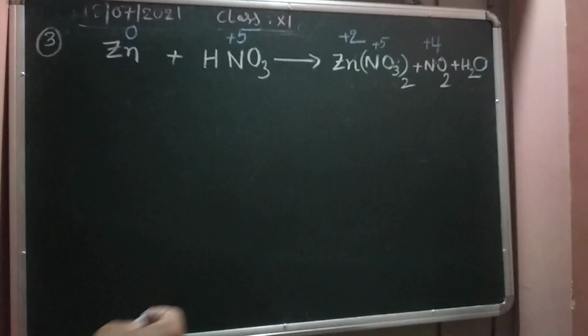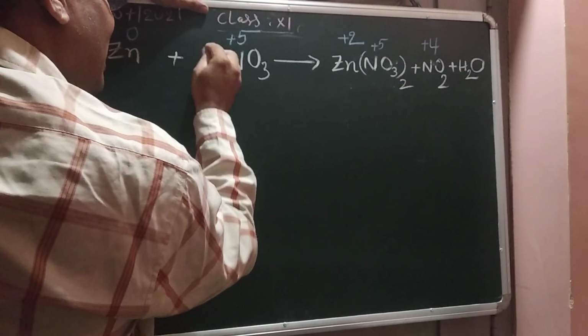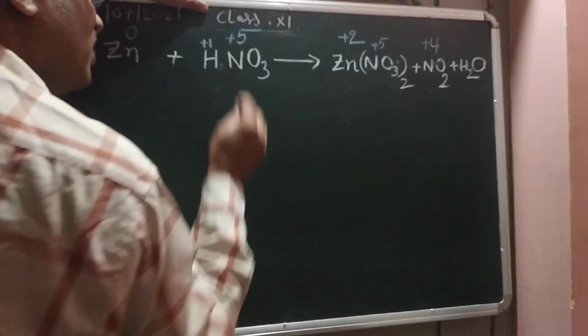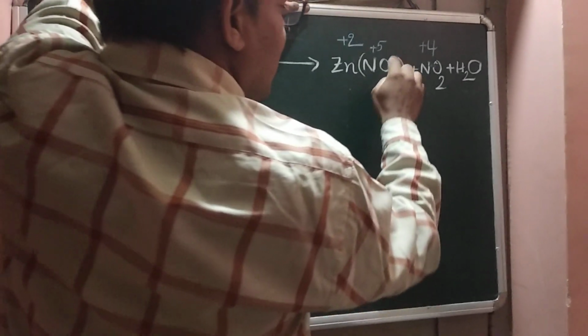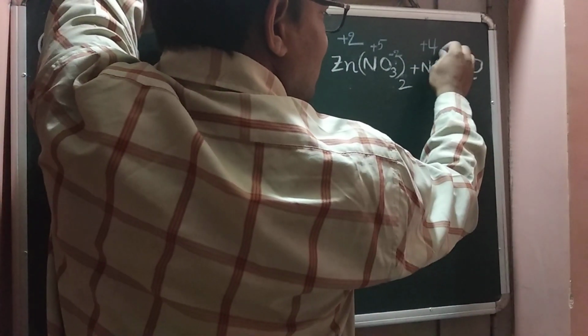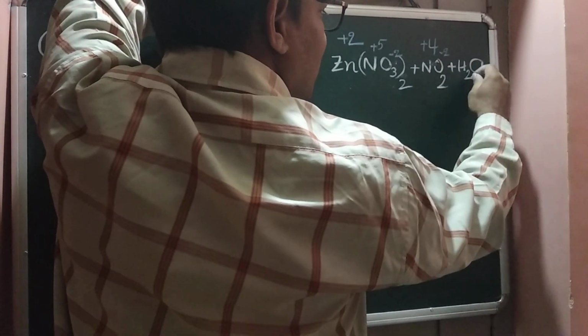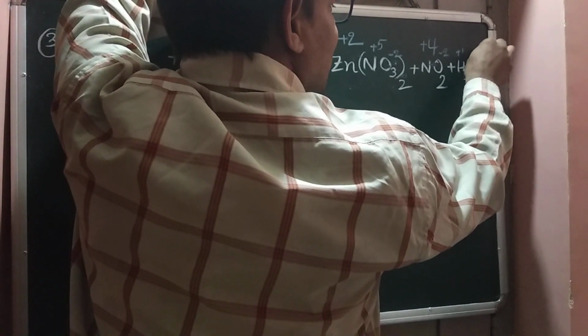Now where is the oxidation number increased or decreased? I want to know the remaining oxidation states also, so I will write hydrogen oxidation state +1, and each oxygen oxidation state is -2. In water, hydrogen oxidation state is +1 and oxygen oxidation state is -2.